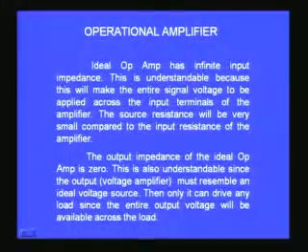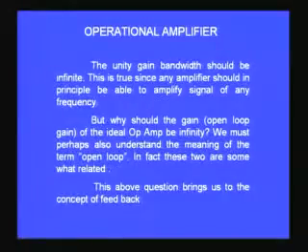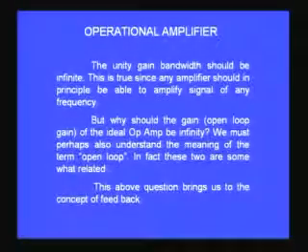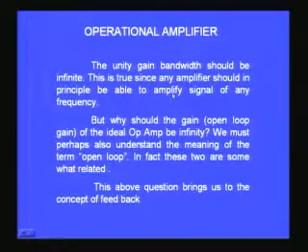That way the output of an operational amplifier should be an ideal voltage source with 0 internal resistance, which is why the output impedance should be minimum. Ideally it is 0, in the actual case it is about 75 ohms. So this also we understand, but even the unity gain bandwidth should be infinity, we can understand.